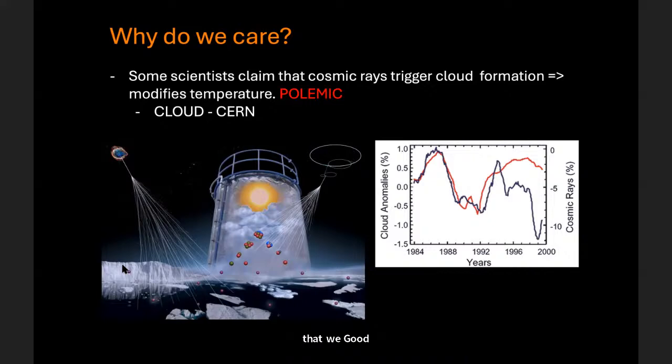And you see, obviously, this goes from lower to higher, but this goes opposite, right? So they are correlated. As we have more cosmic rays, we have more clouds, except in the last years. But that's because of a different reason. That's because now we are modifying our atmosphere, right? With burning fossil fuels.